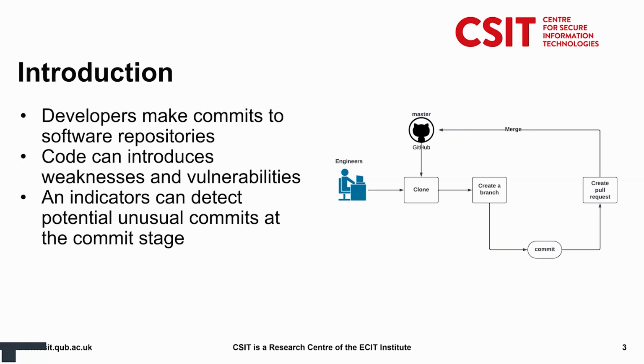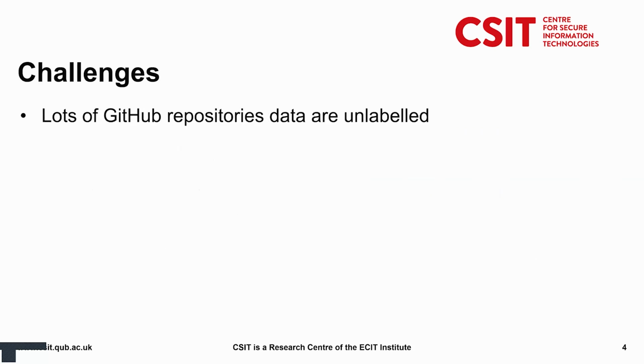Also, the code being changed could introduce risk, including vulnerabilities and weaknesses. So it's necessary to have an early indicator which can detect unusual commits at an early stage, for example the commit stage, instead of leaving it until the development stage.